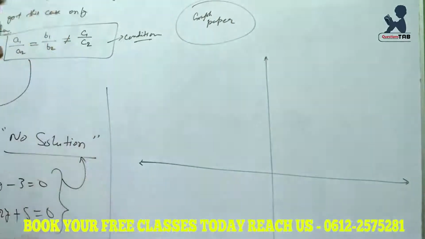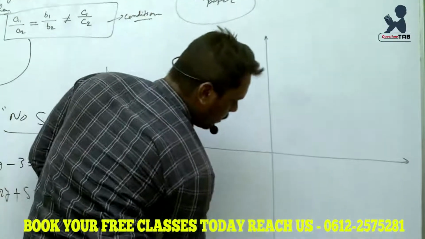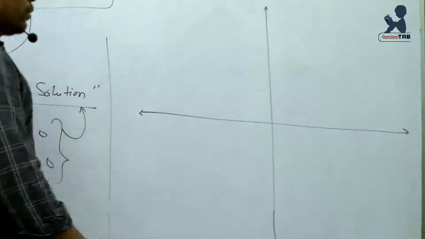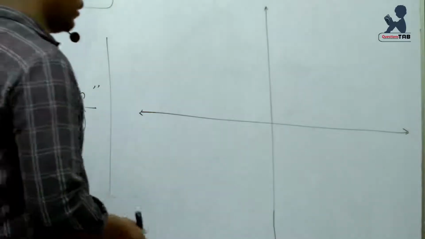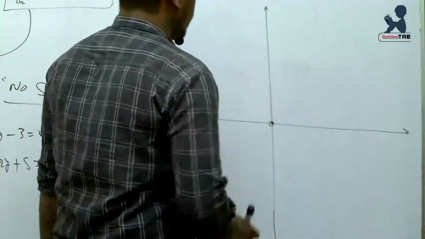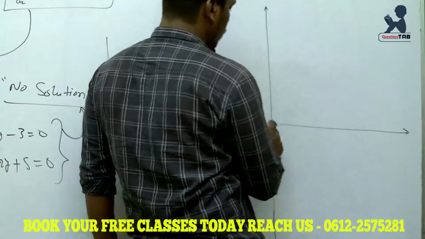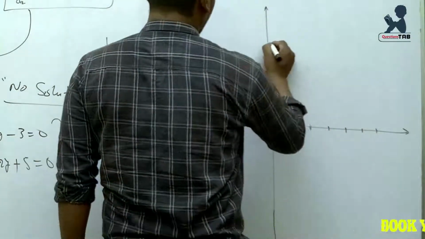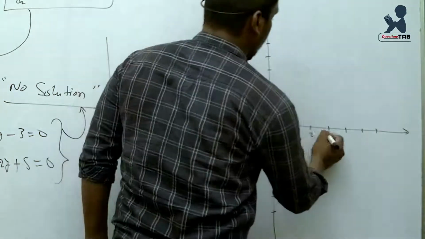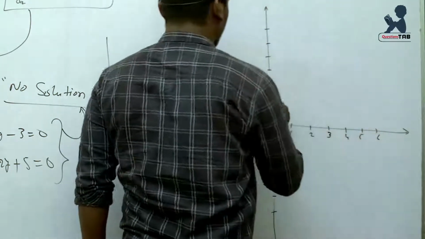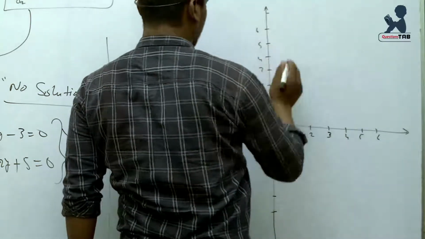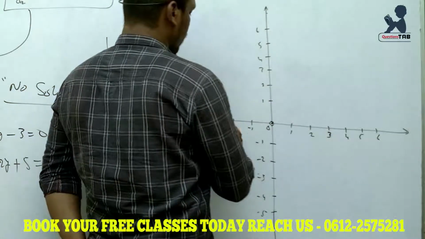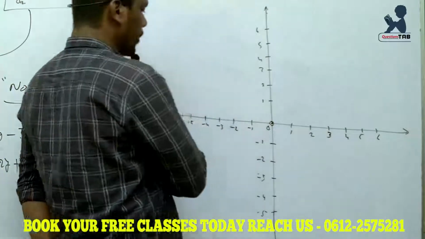Don't use a blank paper, because it is difficult on a blank sheet to make a number line and also make the straight lines and find the solutions. So this is our origin.